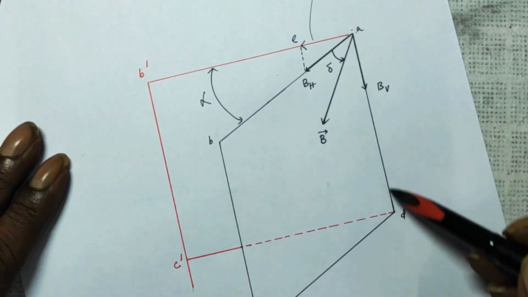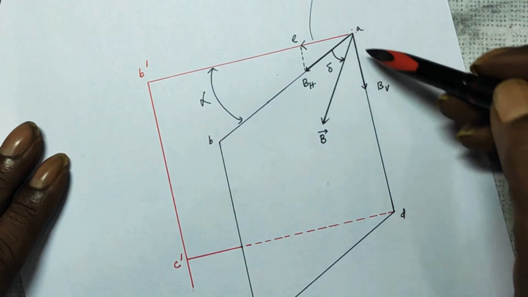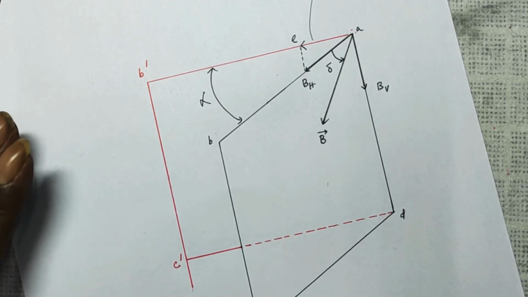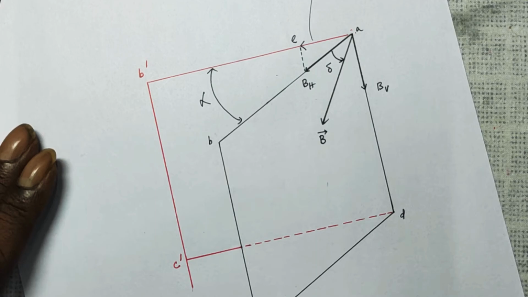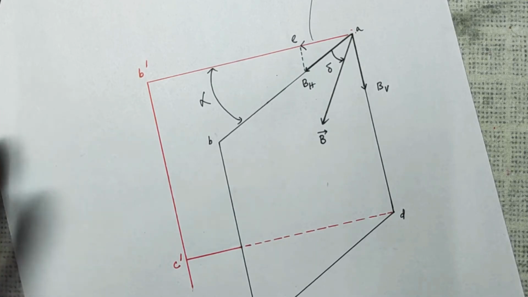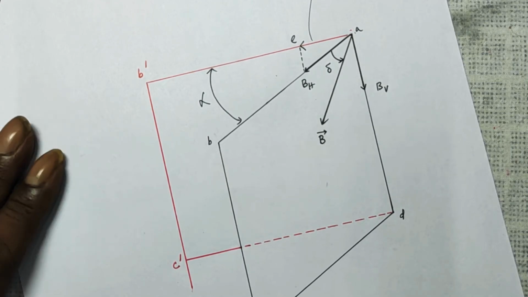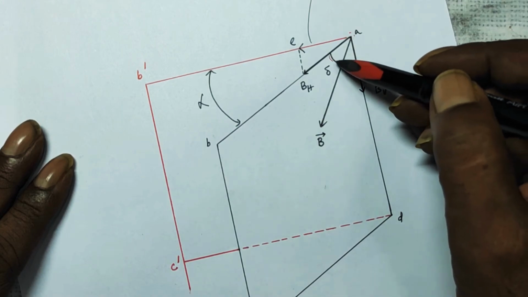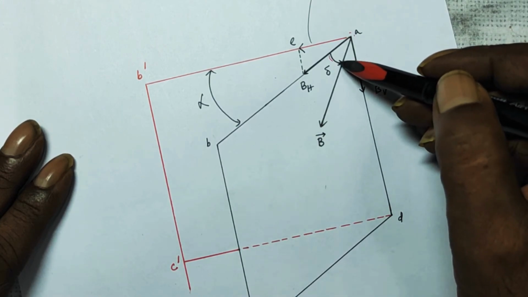This plane at point A is the magnetic meridian. And we know when a magnetic needle or a bar magnet is suspended freely, it will remain in the magnetic meridian. So this delta is the angle of dip.